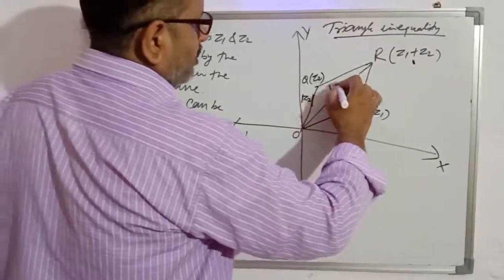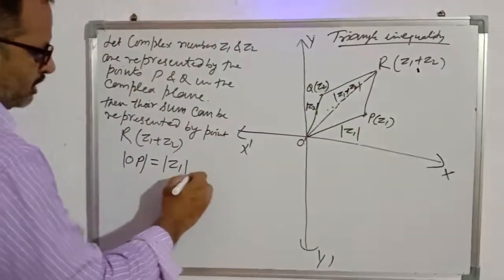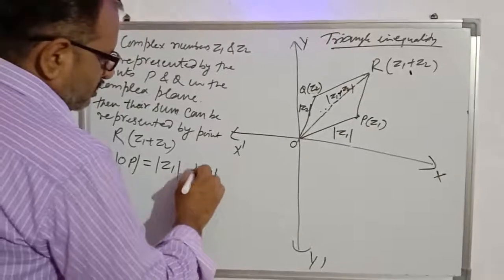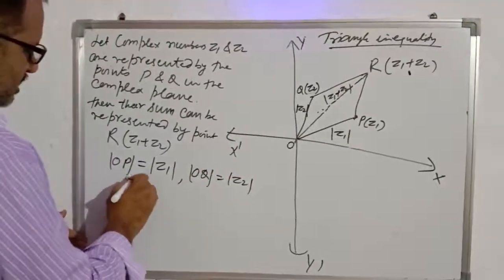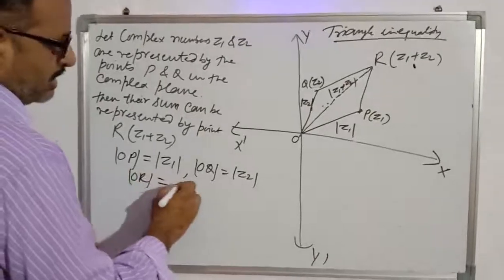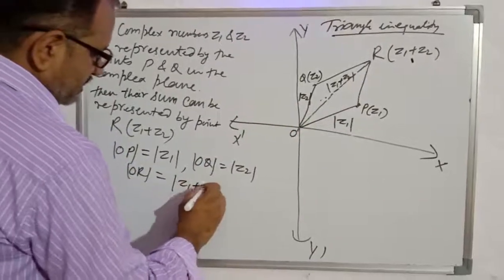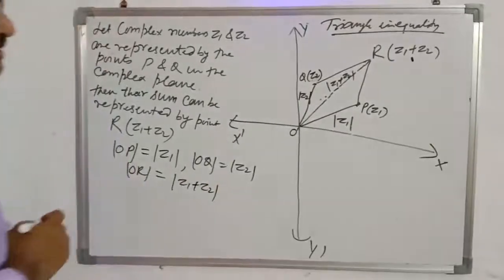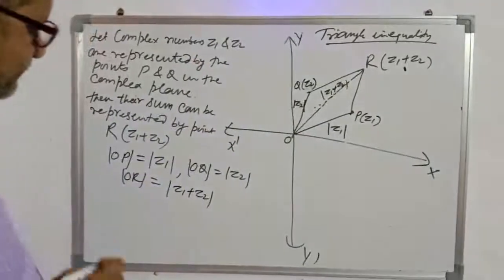OR will be mod of Z1 plus Z2. So OP is mod of Z1, OQ is mod of Z2, and OR is mod of Z1 plus Z2. So take the triangle OPR.